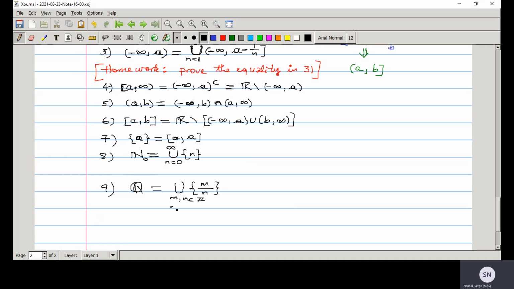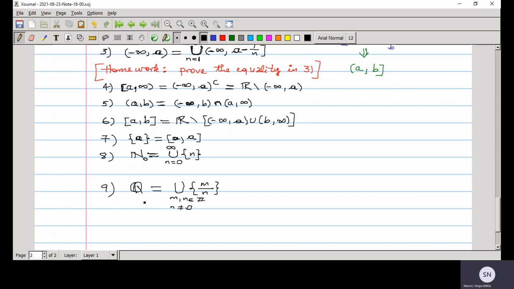Of course, n has to be non-zero because you cannot divide by 0. So these also are there. Why? Because this is an element of R, don't forget. So we know that this is a real number. If I take a countable union on both m and n, it's still in the sigma algebra.